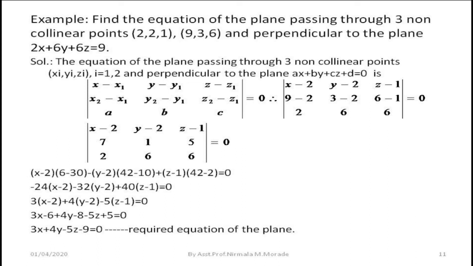So now the first point is x1 is 2, y1 is 2, z1 is 1, x2 is 9, y2 is 3, z2 is 6, and the DRs of the normal to the given plane are a is 2, b is 6 and c is 6. Now put all these values in this equation. Solving this determinant and equating it to 0, we will get the equation of the plane.